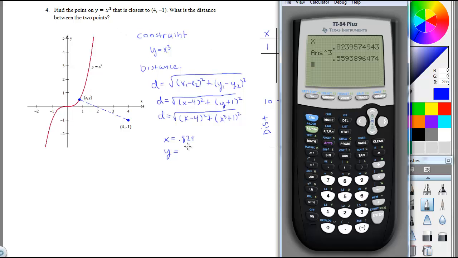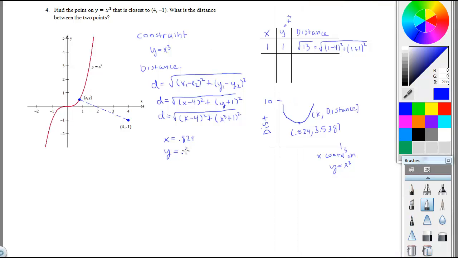And so the y value is 0.559. And the minimum distance is 3.538.